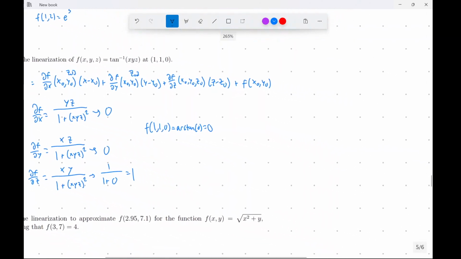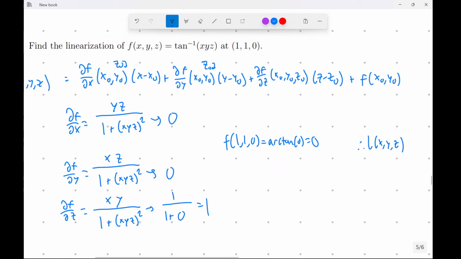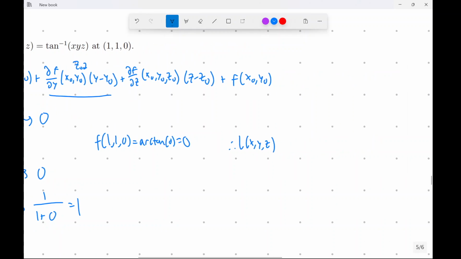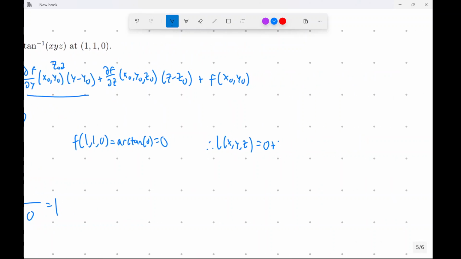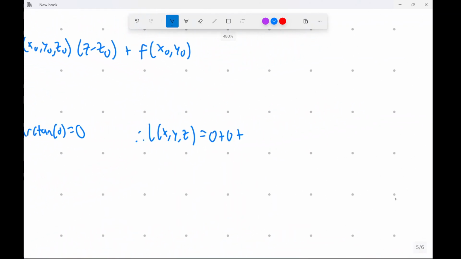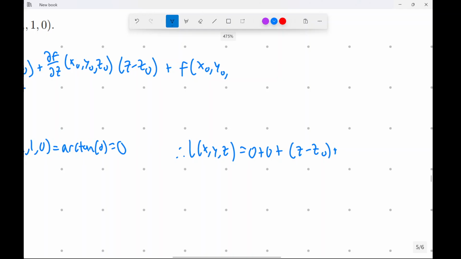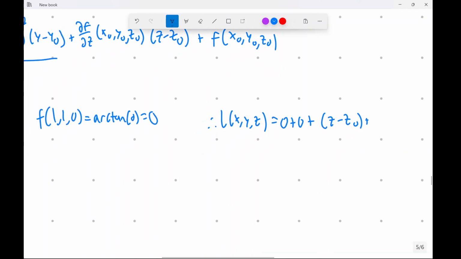Okay. So then my linearization: these first two terms are just 0 because both of the partial derivatives are equal to 0 at my point. And so this is equal to 0 plus, this last partial derivative is 1, so it's just (z minus z0), plus f of (x0, y0, z0).